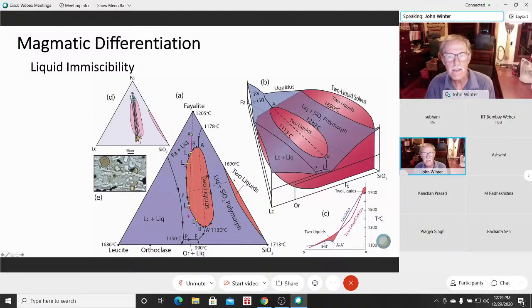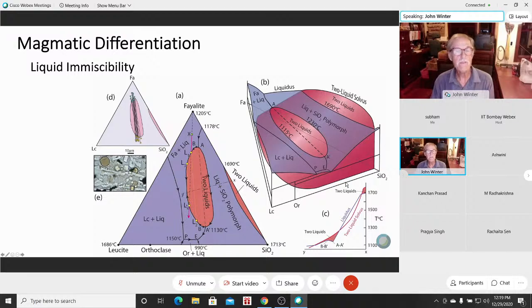If you remember playing with this in my chapters on crystallization and phase diagrams, my liquid will then move directly away from the fayalite until it intersects the two-liquid solvus, and then this liquid will coexist with the liquid over here, and as you continue to cool, this liquid goes to here, and this liquid goes to here, and as soon as these three become collinear, that means this liquid is consumed, and this is the only remaining liquid, and then by continuing to form fayalite, your new liquid will move over here.